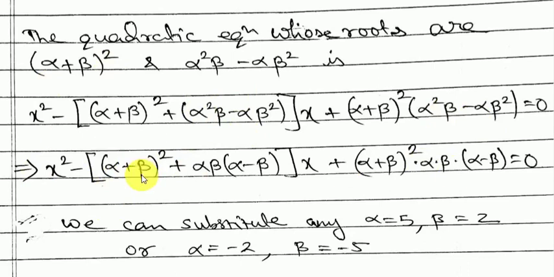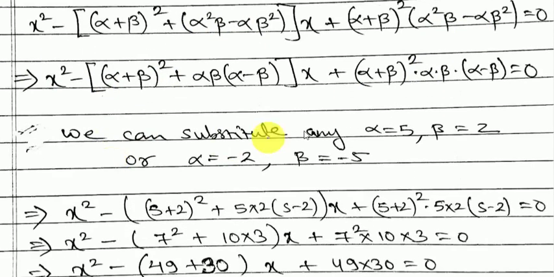Now we will substitute either this pair of alpha and beta or this pair, because if you observe, either you put this or this, it doesn't make any change.